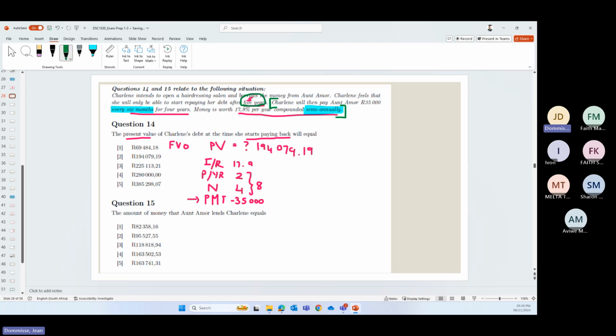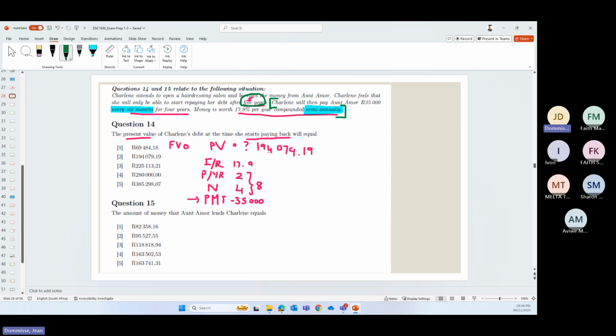We are not yet looking at the full period. We're only looking at the statement that says Charlene will pay back 35,000 every 6 months for 4 years, with a certain interest rate. So what will that present value be? We're not looking into anything to do with the 5 years yet.